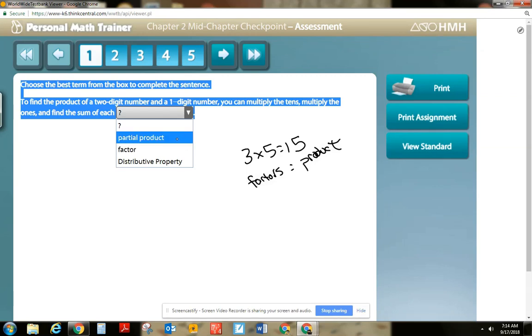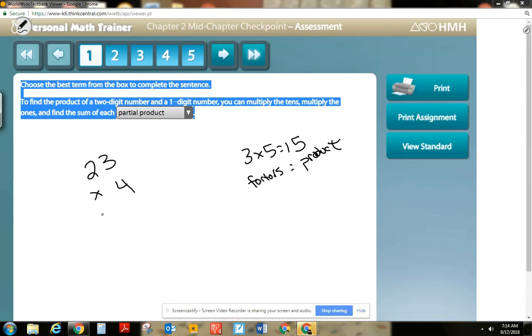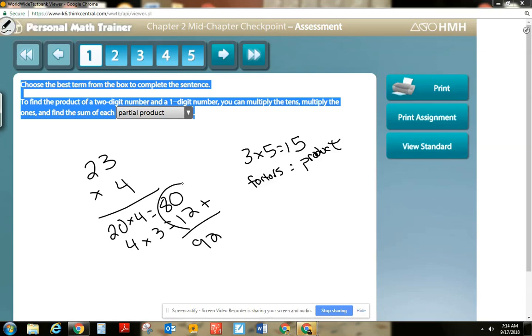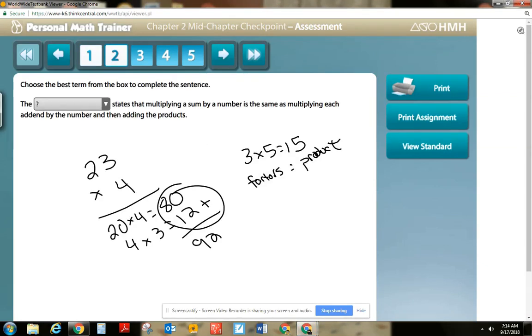So that's the correct answer, because if we do 23 times 4, we can do 20 times 4 equals 80, and then 4 times 3 is 12, and we add those together. We add the two partial products together. That's our answer.